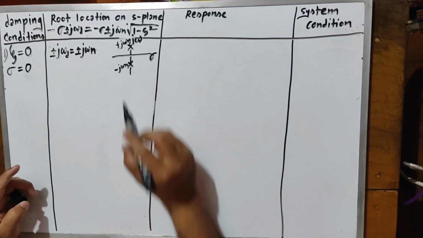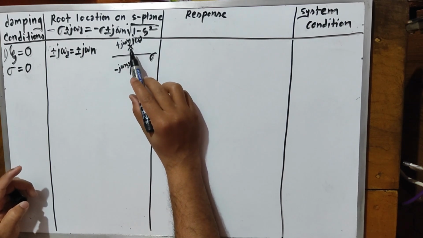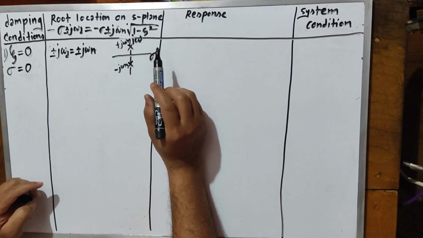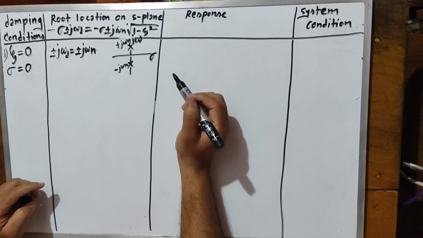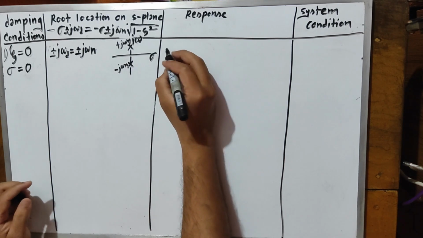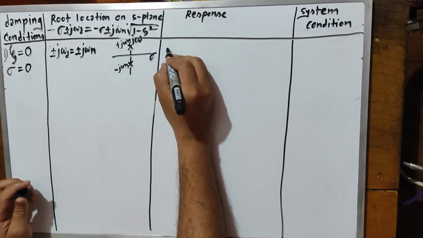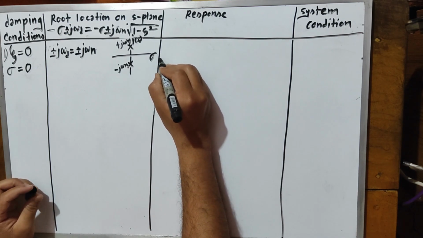Because the roots are literally on the imaginary axis, the response will be undamped.